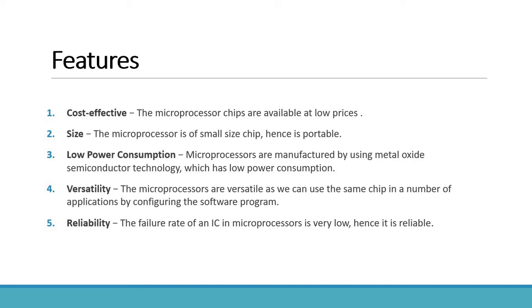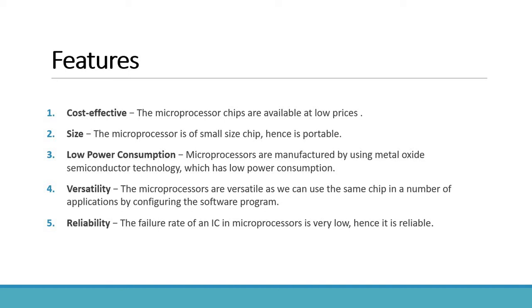Nextly, the features of microprocessor. Firstly, it is cost effective. Microprocessor chips are available at low prices. Next, size. The microprocessor is of small size, hence it is portable. Next, low power consumption.